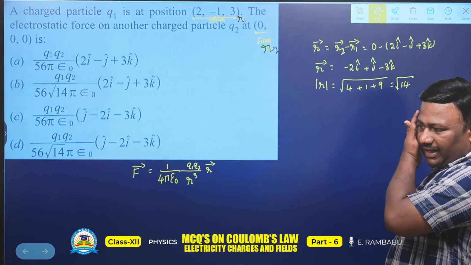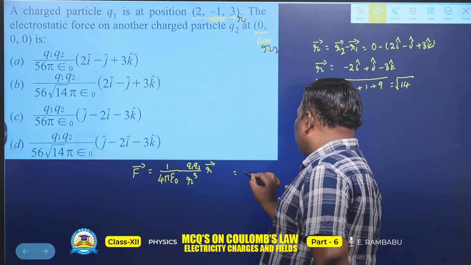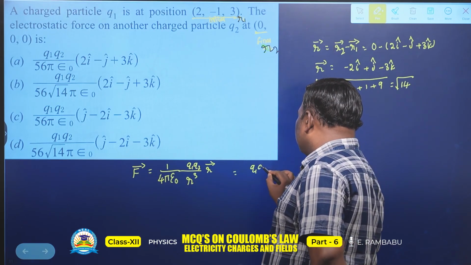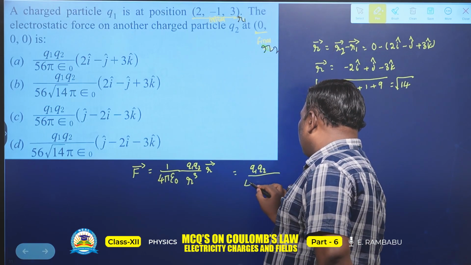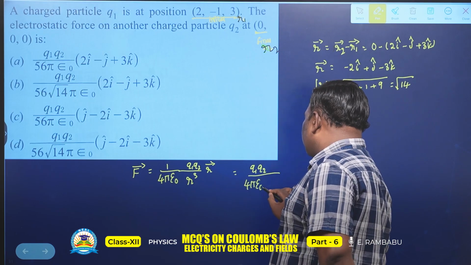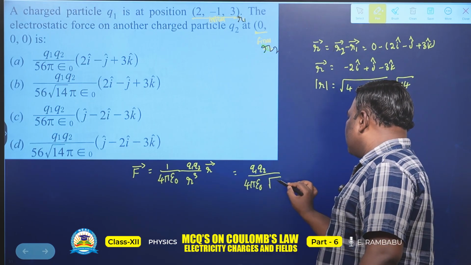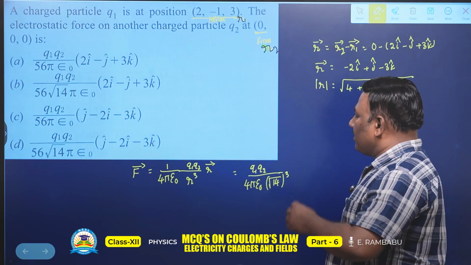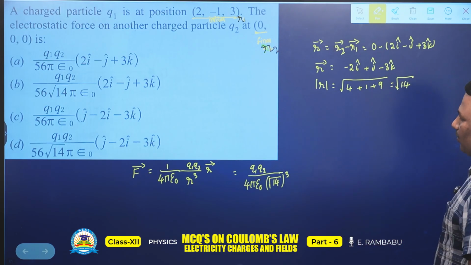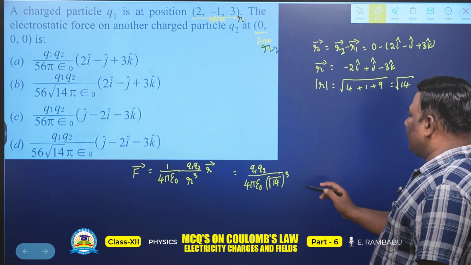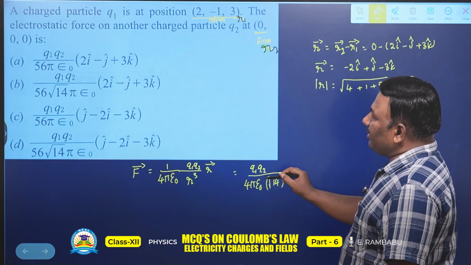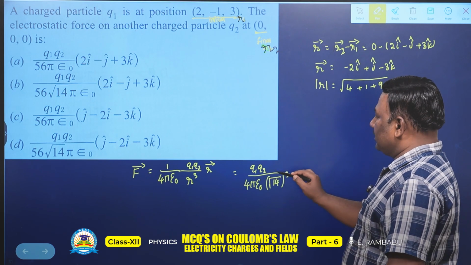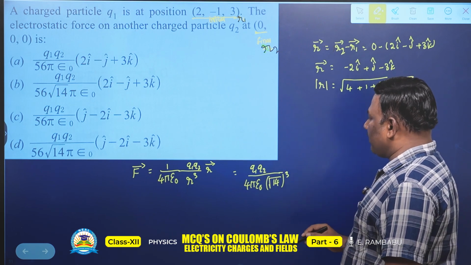Now substitute, you will get the final answer, which is nothing but Q1 Q2 by 4 pi epsilon naught into R value, which is root 14 whole cube. R to the power means R bar.